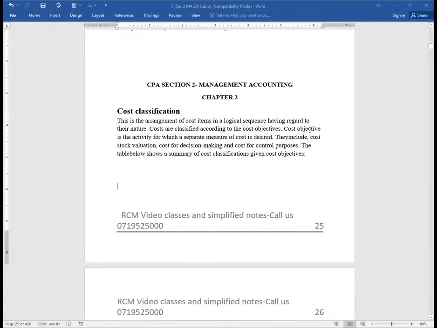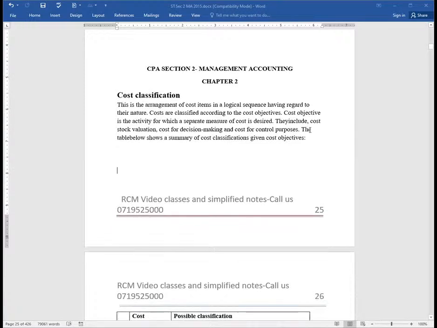A cost objective, a cost goal, is that activity which you would want to evaluate its cost as a standalone activity. We shall be able to see further to this as we progress.